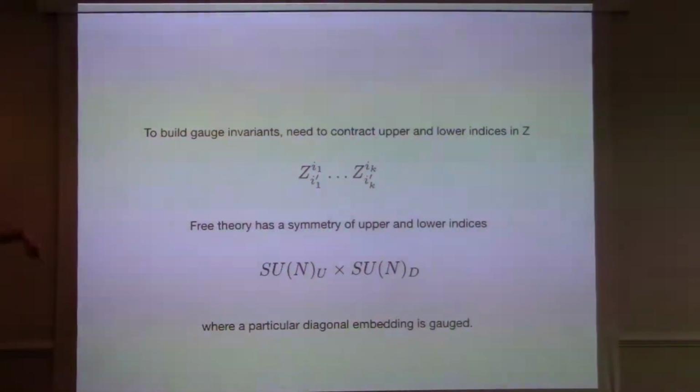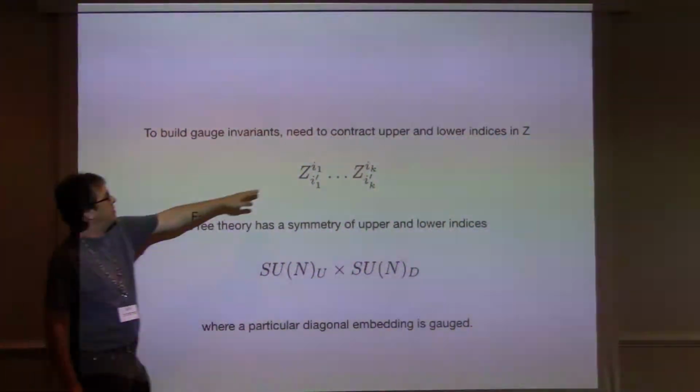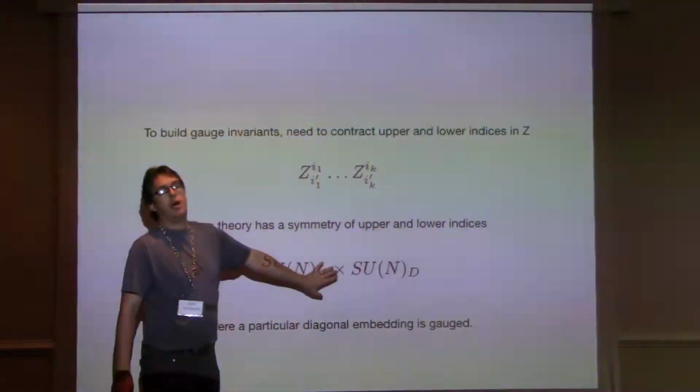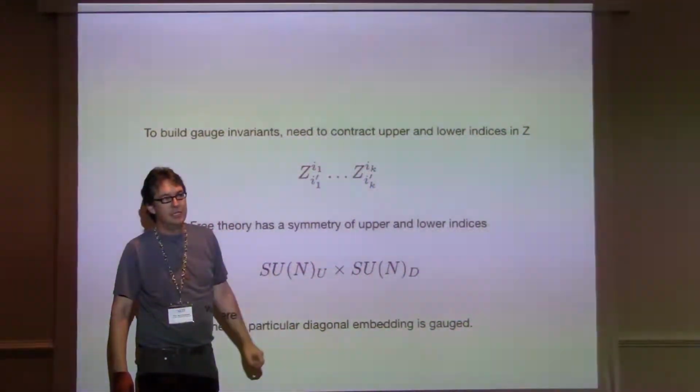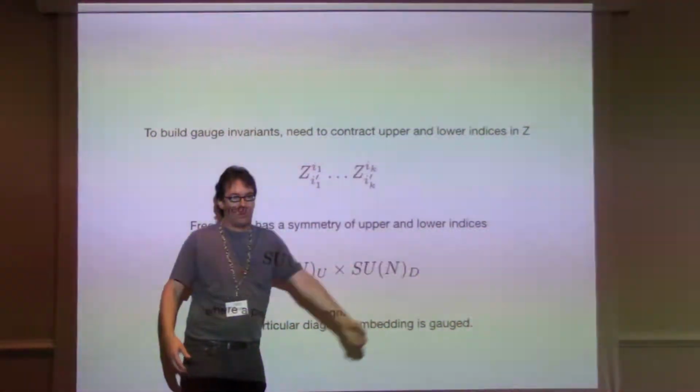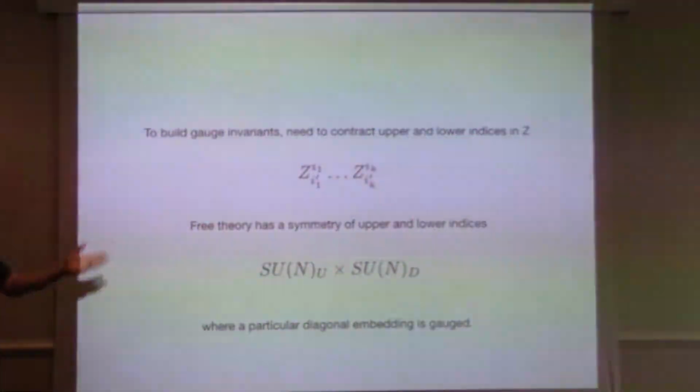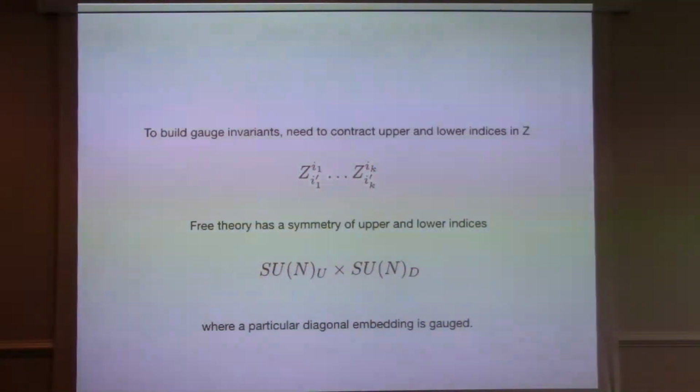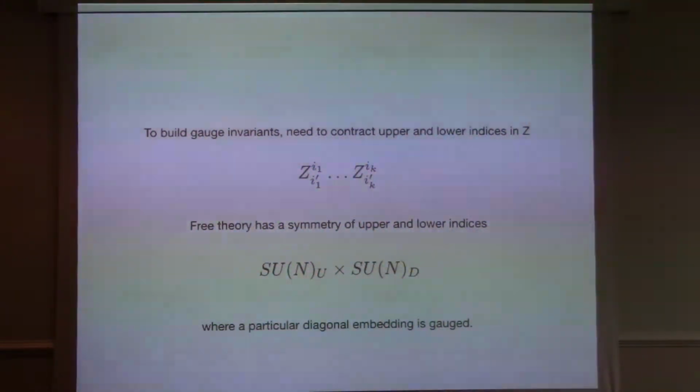In principle, you have a higher symmetry than just SU(N). So what you can do is decompose the upper indices into SU(N) up representations. And this is a tensor with n indices, so the way you do that is you just pick a Young tableau. So these indices are in the fundamental of SU(N). These are in the fundamental of SU(N), so you get some Young tableau. And the point is that different Young tableaux correspond to different representations, and they're automatically orthogonal with respect to the SU(N) up indices.